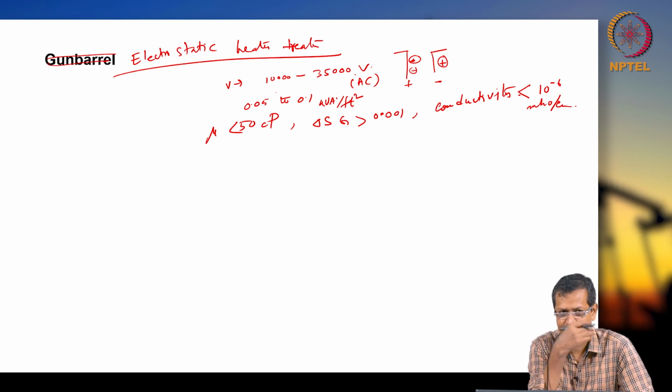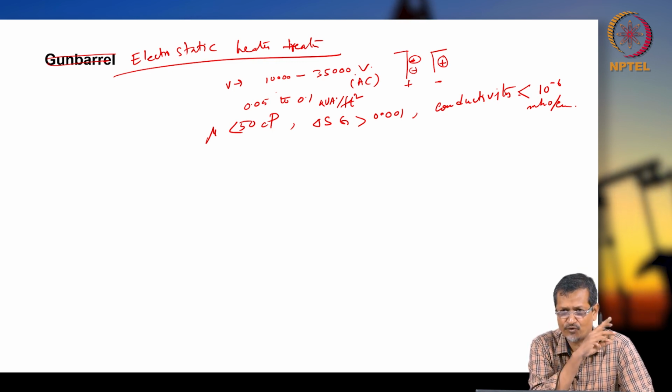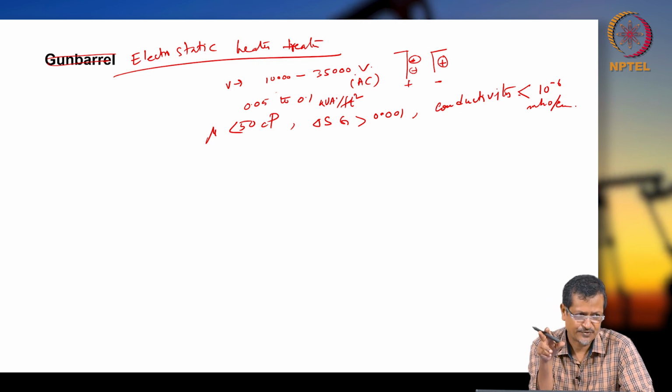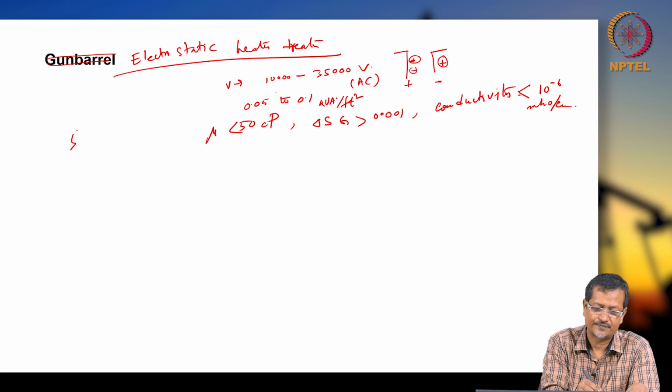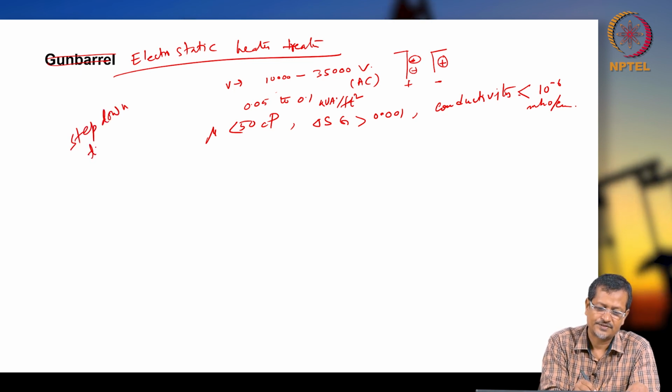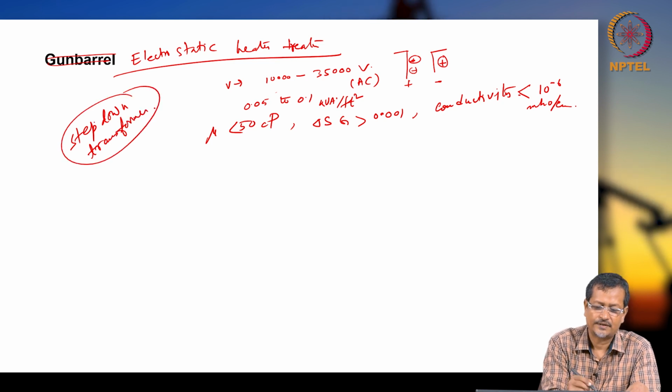Normal electricity supply at our homes will be 220 volts, and 440 volts will come to your nearby transformer. So there will be one step-down transformer. What does it do?